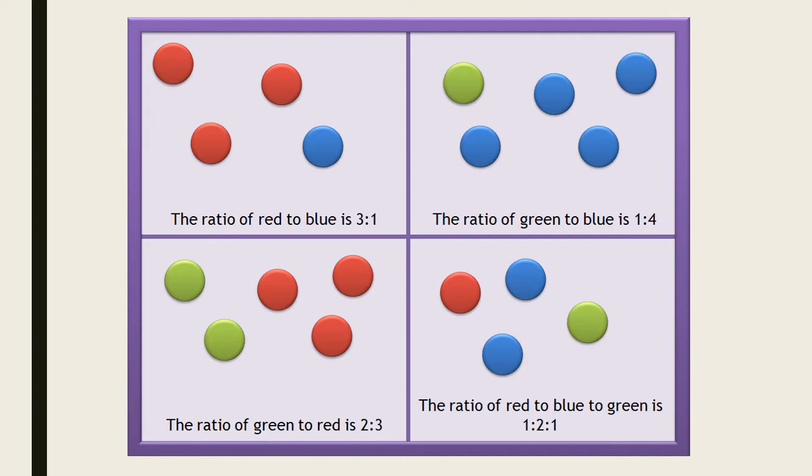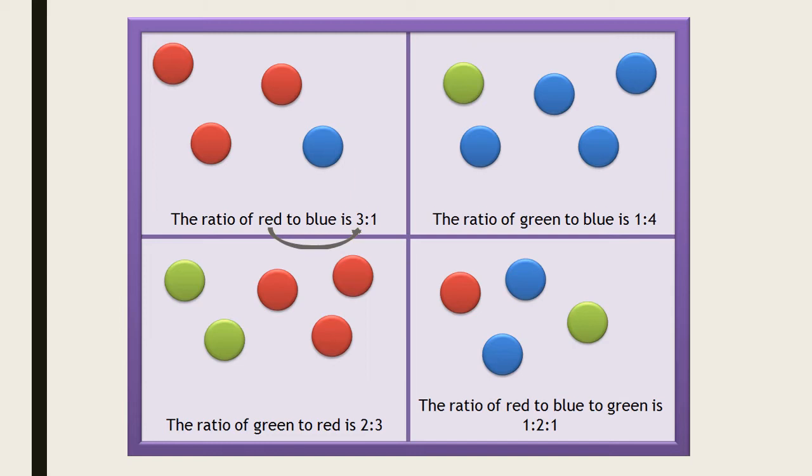So our ratio can contain more than 2 numbers, as we've seen in the example that we just looked at. But we need to make sure that when we're looking at our ratio, we're writing our numbers in the right order. We have to understand why, in the first example shown on screen, we're writing that the ratio of red to blue is 3 to 1 as opposed to 1 to 3. Well, red is the first colour mentioned.